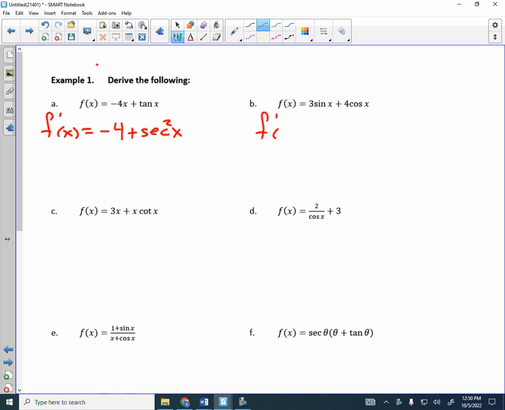What's the derivative of sine? So anybody want to guess what the derivative of 3 sine is? 3 cosine. And what's the derivative of cosine? Negative sine, so we have minus 4 sine of x. That's it.